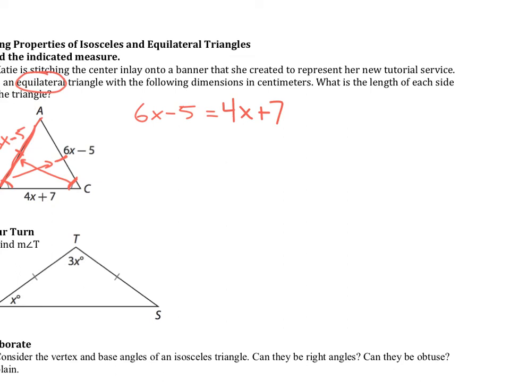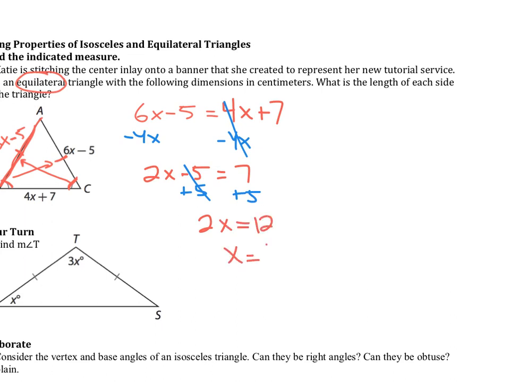And now we can simply solve for x. Subtract 4x from both sides. So we have 2x minus 5 equals 7. Add a 5 to both sides. So 2x equals 12.